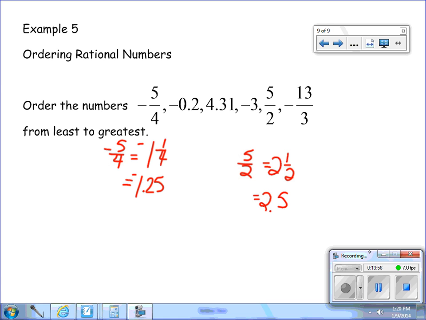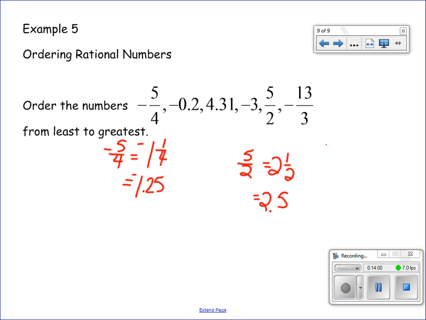Then I have -13/3, which is going to be equal to -4 and 1/3. As we had discussed earlier, that would be equal to -4 and 3/10 with a bar notation.